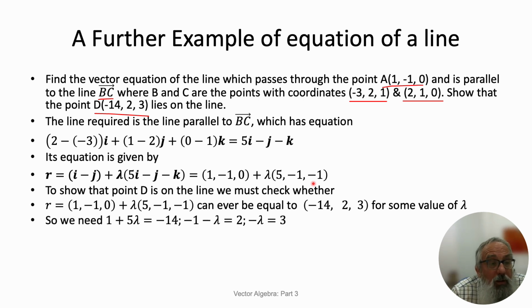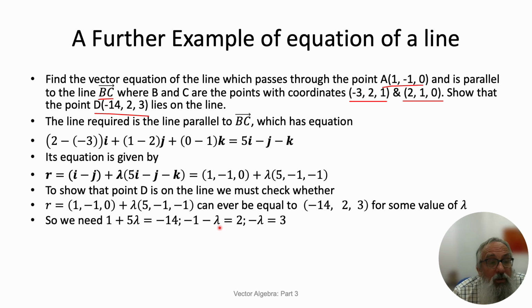For x, 1 plus 5 lambda must be equal to minus 14. For y, minus 1 minus lambda is equal to 2. And for z, minus lambda equals 3. Well, we can see the only value of lambda that will work for z will be lambda equals minus 3.